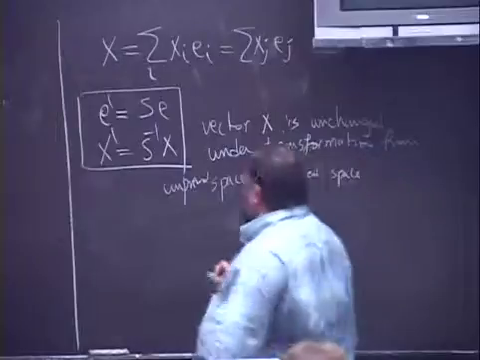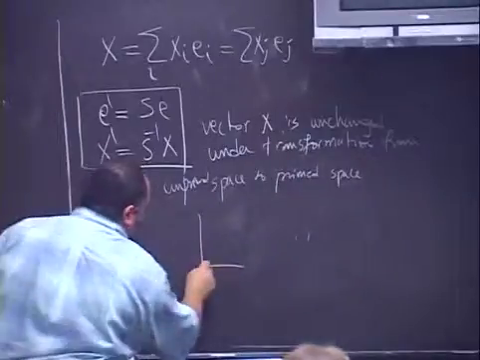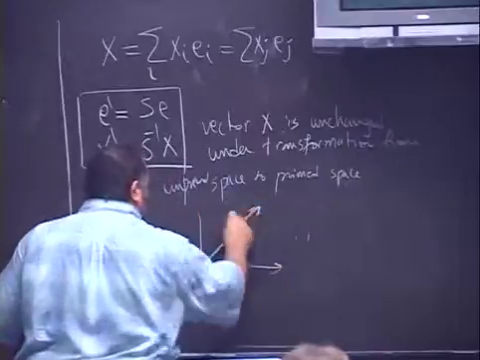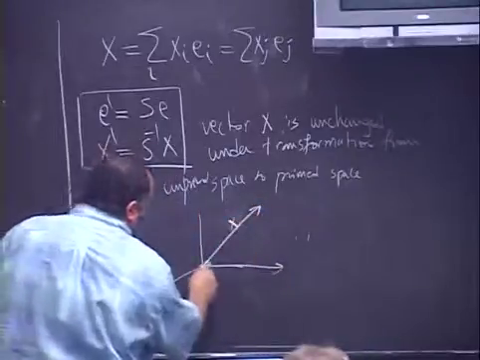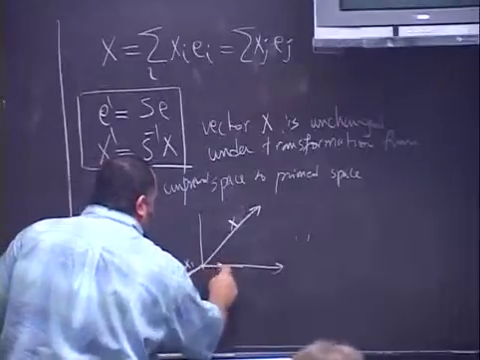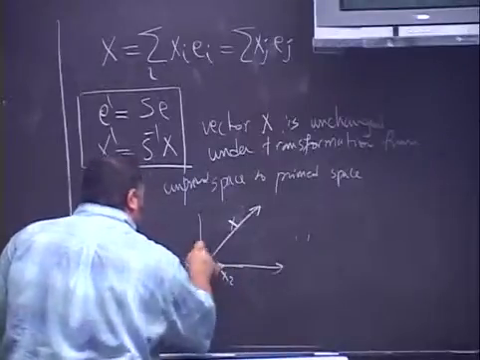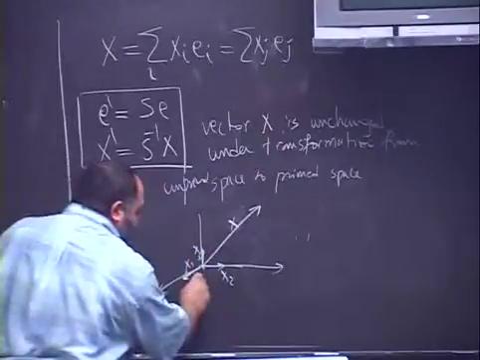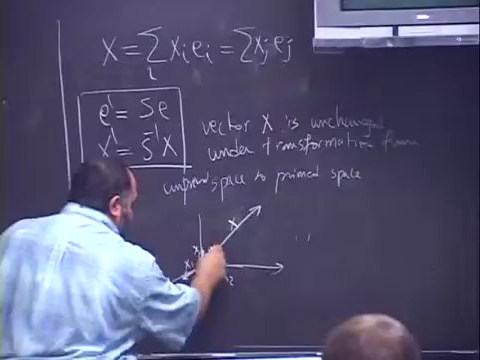And this is what I showed you. I told you that if you have a vector, let's say in three-dimensional vector space, and this is the vector x, now you will have x1 component here, x1, let's say x2, and x3. Those are the components. And you have i, j, k.